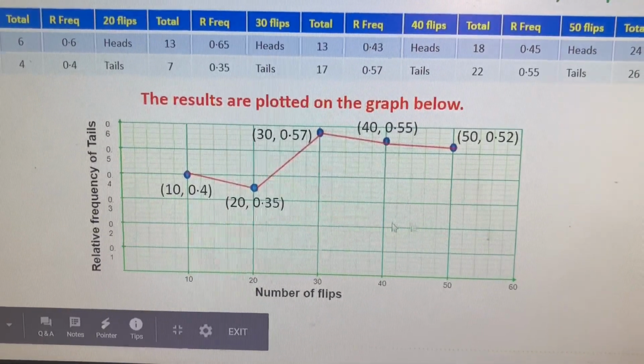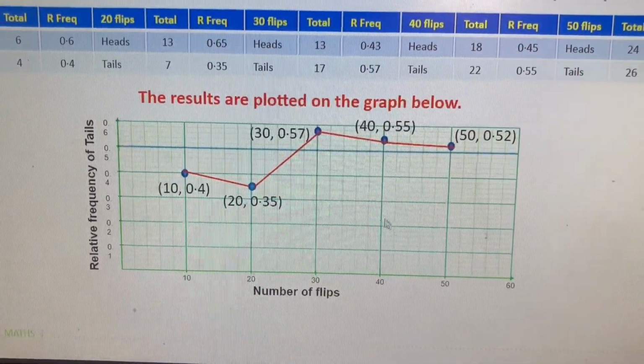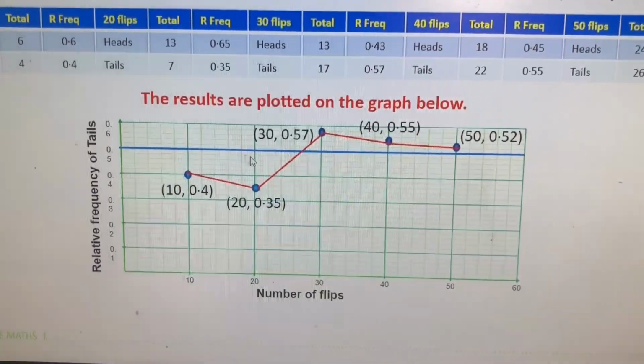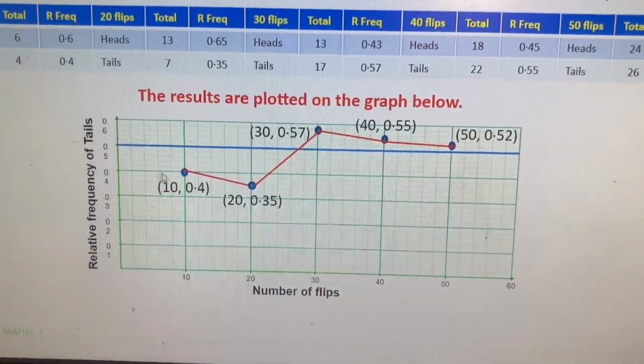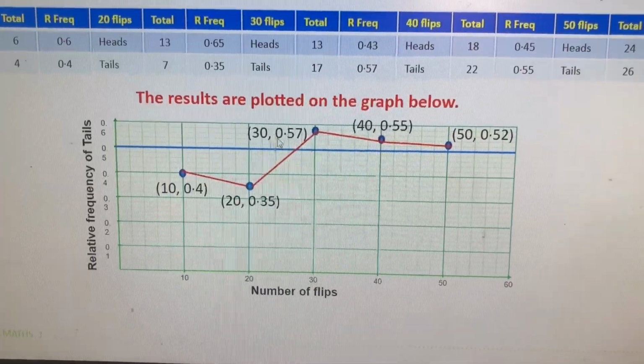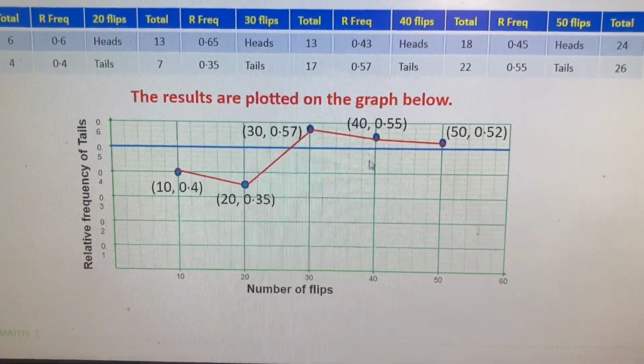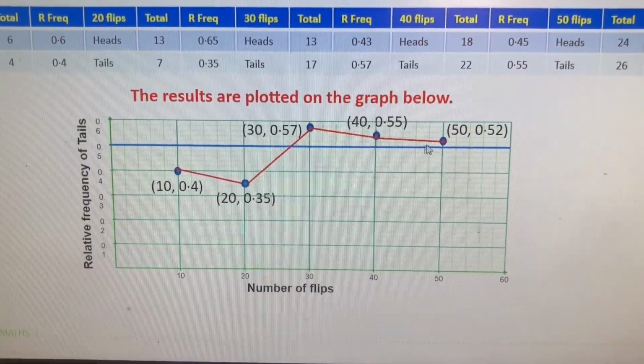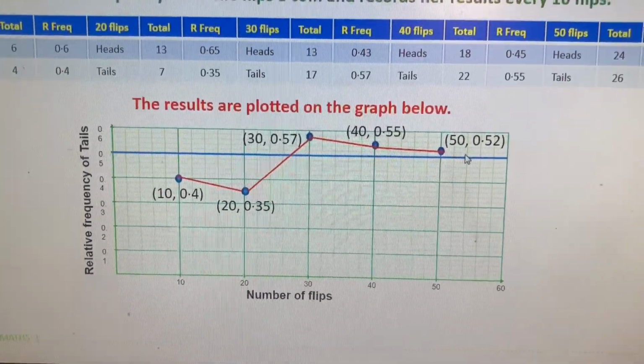Now we know that the actual probability is this blue line here, 0.5. Notice how far away they are at the beginning when we have a small number of trials, but then the results get closer and closer to the actual probability.